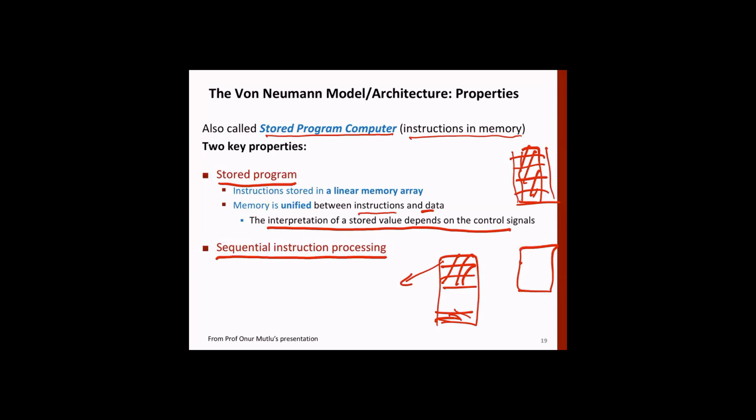This depends on the control part, which decides and knows where the instructions start. The PC will point to the instruction, and wherever the PC points to, that will be an instruction. That's the interpretation.